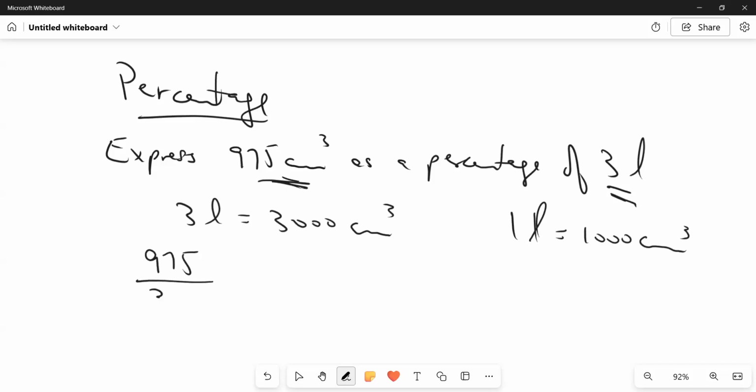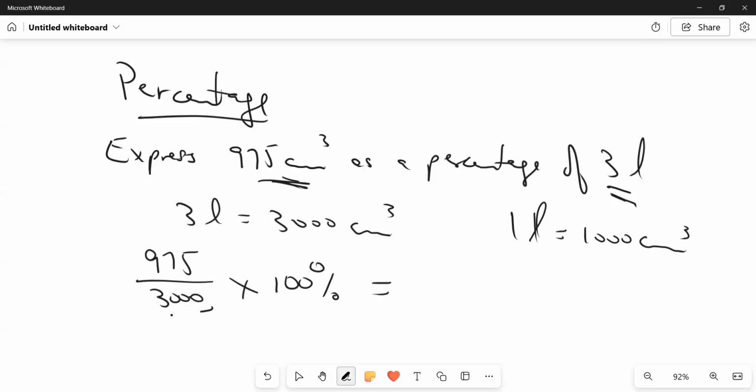975 over the 3,000, and you multiply by what we call 100%, right? So the whole thing would have been 100%, but we have only 975 of the whole, which is 3,000. So 975 divided by 3,000 multiplied by 100 will give us what? 0.325.